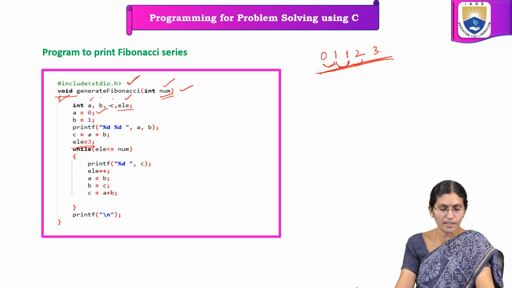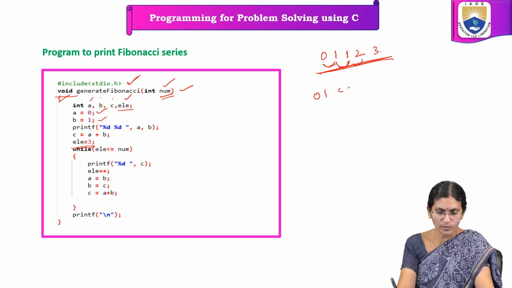At the starting, a is equal to 0 and b is assigned a value of 1. For 0 and 1, the next value is c is equal to a plus b, so 0 plus 1 is equal to 1. So 0, 1, and then c we need to print. So this is a, b and c.